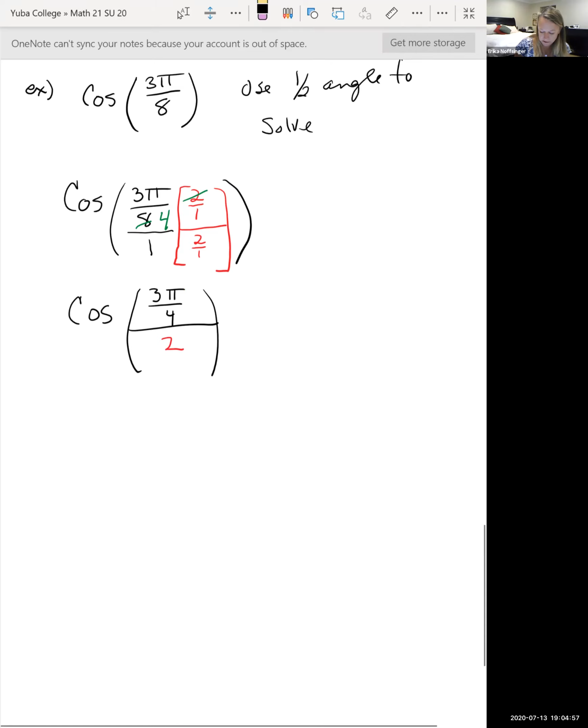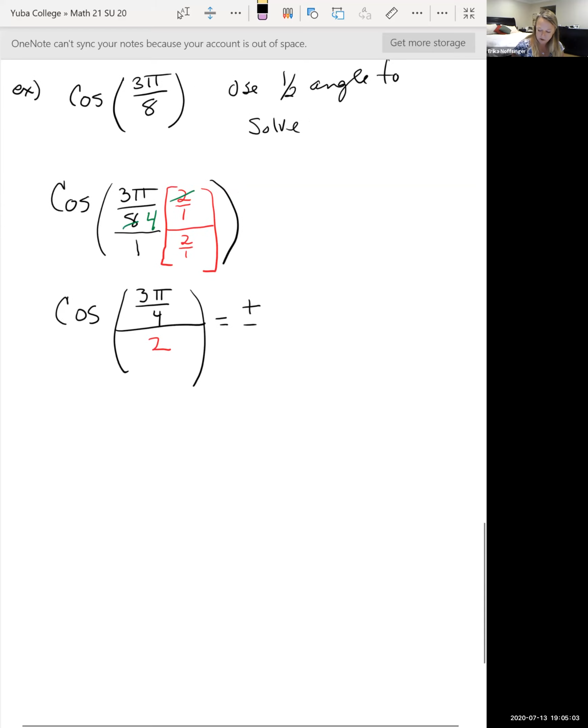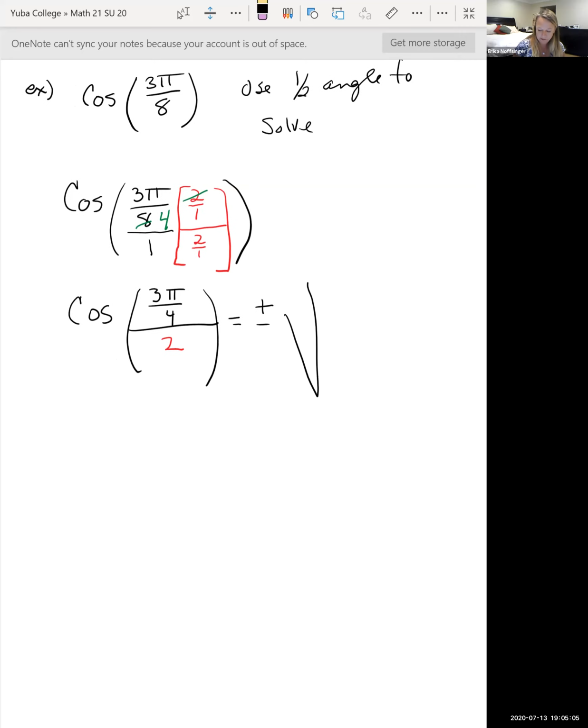So this is equal to plus or minus, depending on which quadrant we normally started with, the square root, almost identical to sine, but this time it's plus in between. So 1 plus cosine of what our numerator was before we took the half of it. So 3 pi 4ths all over 2. 3 pi 4ths, that's root 2 over 2. This is in quadrant 2, so it's negative.